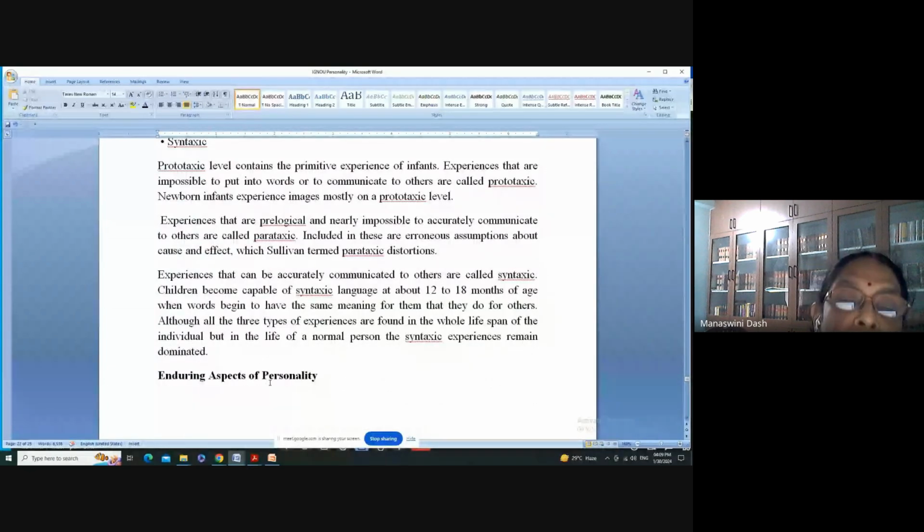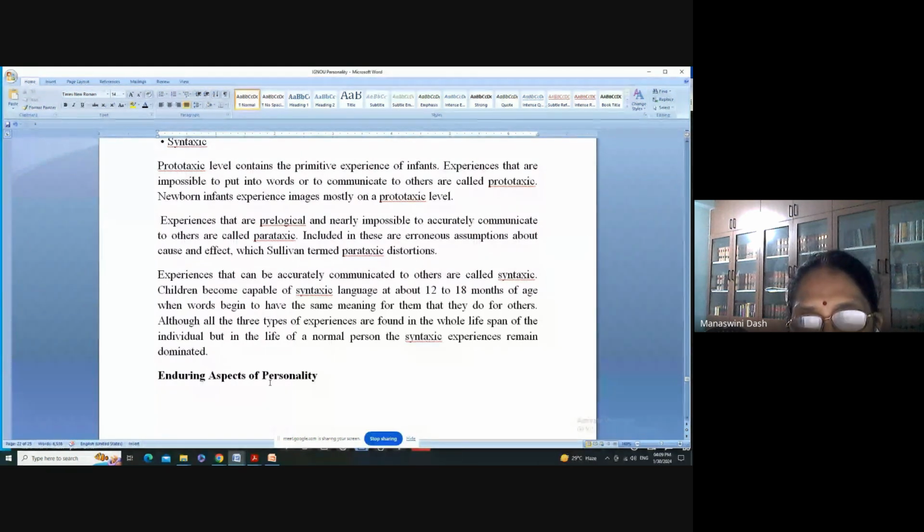Finally, there is the syntaxic level where children become capable of syntaxic language. Children acquire language at about 1.5 years of age when words begin to have the same meaning for them that they do for others.